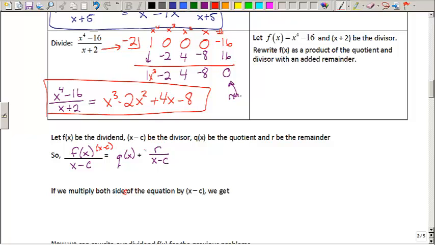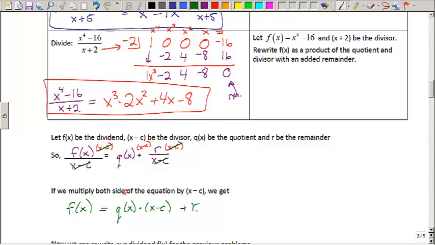If I multiply x minus c by both sides of the equation, I'm going to multiply it by every single term. Notice what happens here. The x minus c's divide out. So I'm just left with f of x is equal to q of x times x minus c. And the x minus c's here also cancel out. We get plus the remainder.